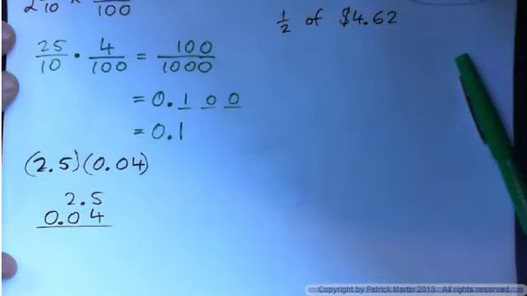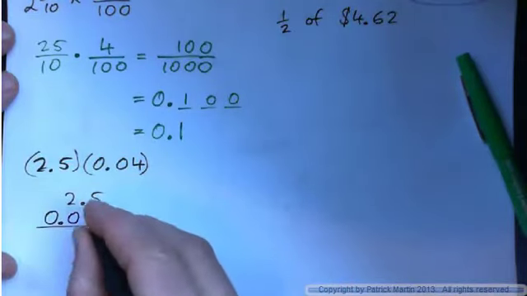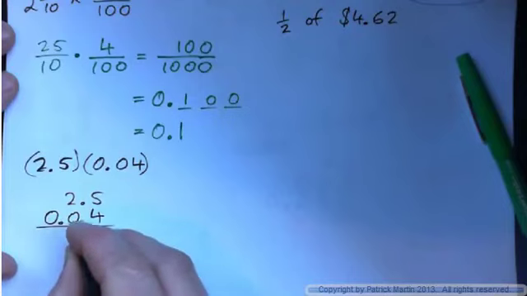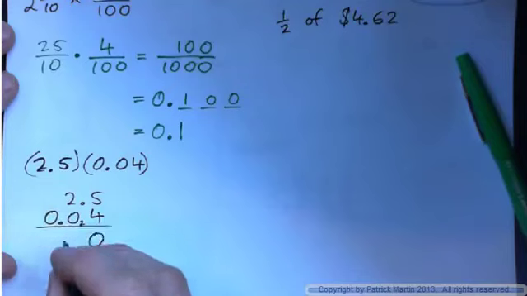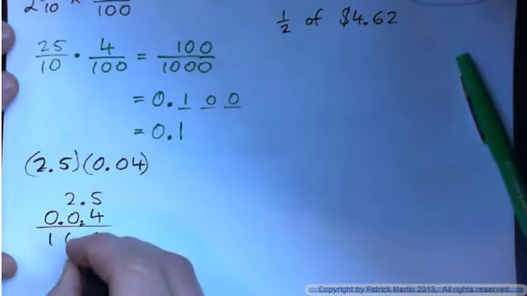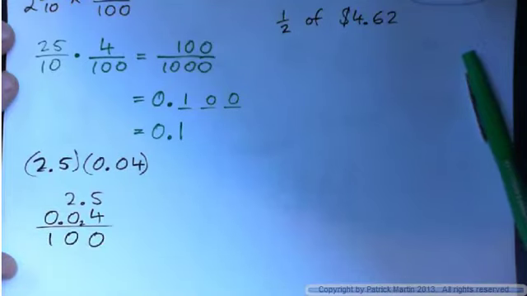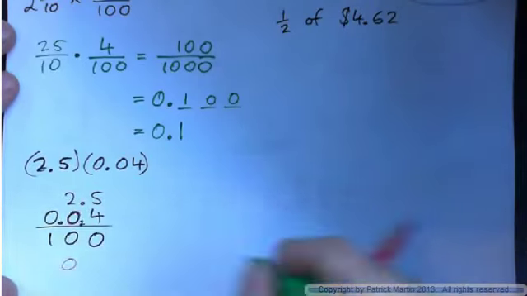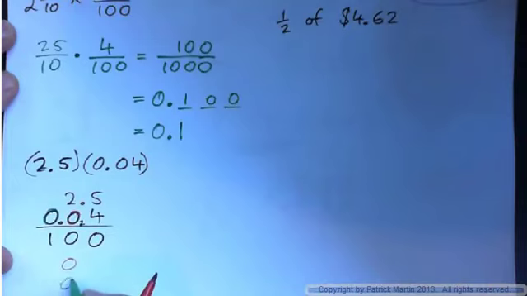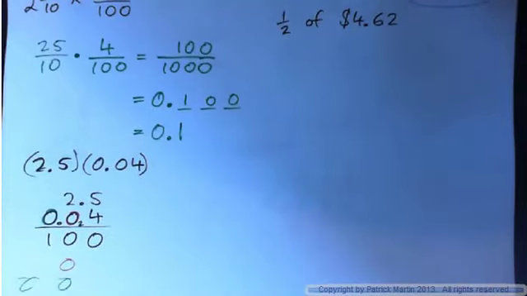Okay. So anyway, if I multiply them, I go 4 times 5 is 20, carry the 2. 4 times 2 is 8, and 2 is 10. And then if I want, I can multiply this 0 through and get zeros, then I can multiply this 0 through and get zeros down here, but I'm not going to bother because I don't need to.